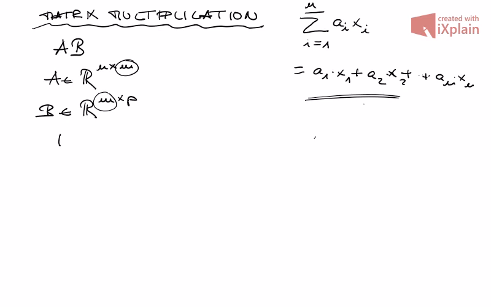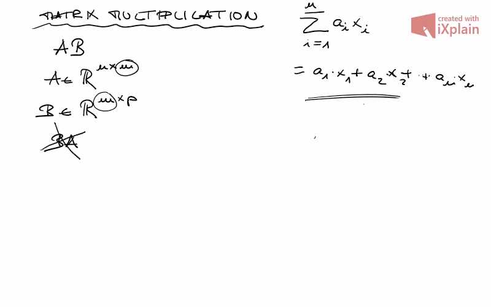This is a little bit different from what you were used to, because you were used to 2 times 3 being the same as 3 times 2. But if you now commute the matrices, you want to multiply a matrix with p columns to a matrix with n rows.